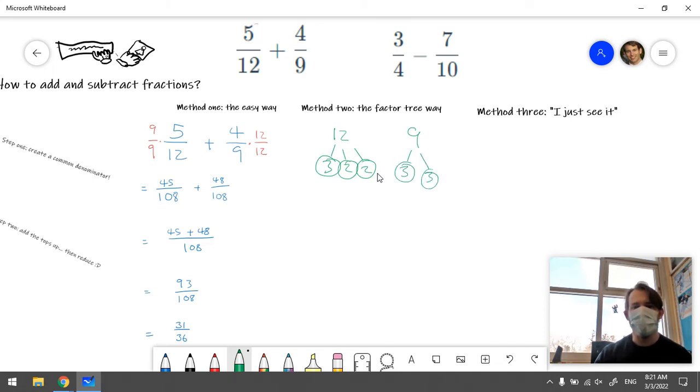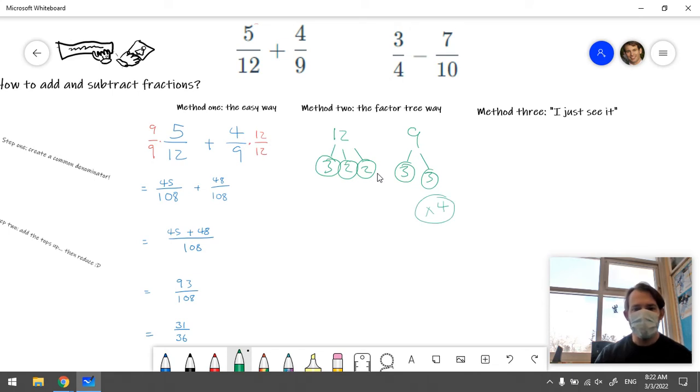And then I count the factors. And I see this one has 2 factors 2 and 1 factor 3. This one has 2 factors 3 and no factors 2. So what I need to do is increase the number of factors 2 here by 2. So I'm going to need to multiply this one by 4.